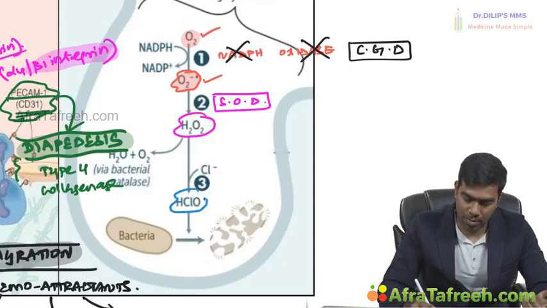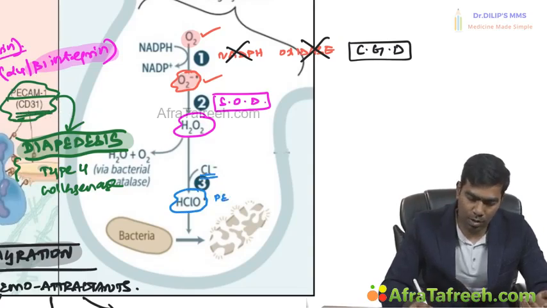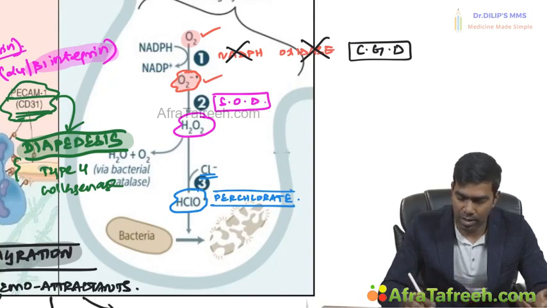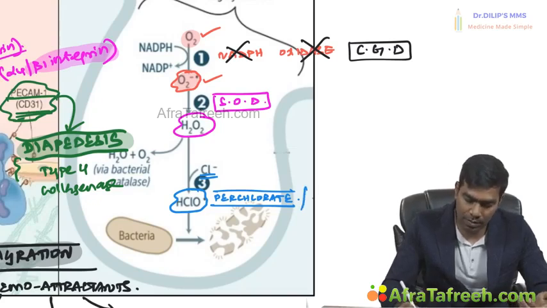And this hydrogen peroxide is very important because after its production, addition of chloride will result in formation of a molecule called perchlorate. The generation of this hydrogen halide and perchlorate is due to an enzyme, otherwise called hydroxyl halide free radicals.